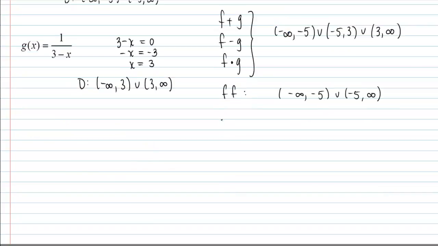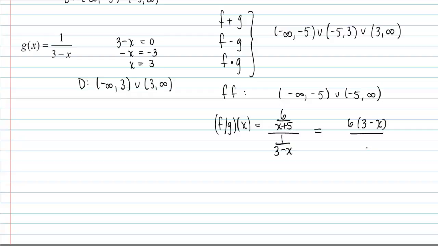When it comes to finding the domain of the quotient f divided by g, it's best to look at what the original quotient looks like, where we put f of x of 6 over x plus 5 on top of g of x of 1 over 3 minus x. That simplifies to be 6 times 3 minus x over x plus 5.